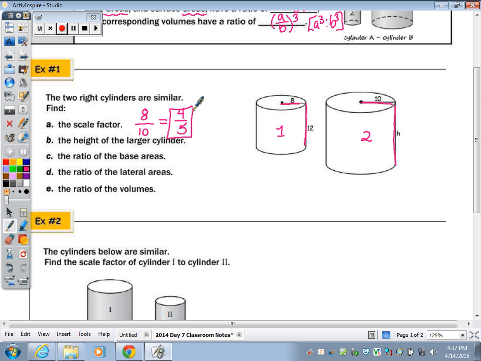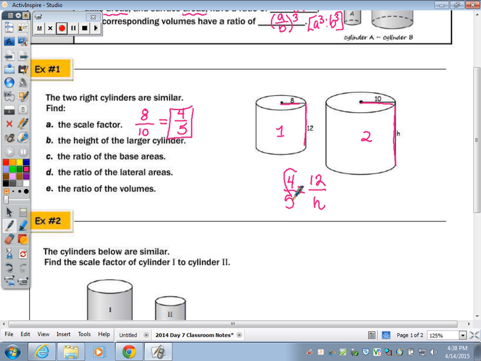Using this scale factor, we're going to find part B, the height of the larger cylinder. Now you could use 8 over 10, or you could use the reduced fraction 4/5, which is what I'm going to use. So 4 to 5 is equal to 12 to h. Again, some of you can see what h is going to be.